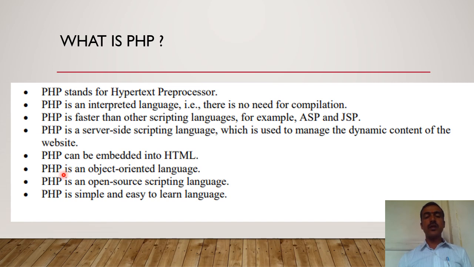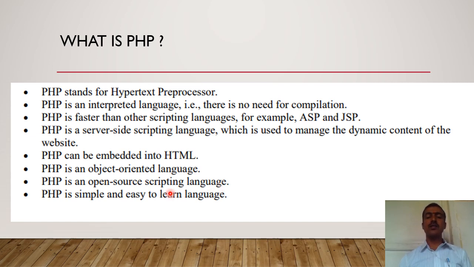Next, PHP is an object-oriented language. As we saw, PHP supports object-oriented features like inheritance, polymorphism, abstraction, and data hiding. Next point, it's an open source scripting language. You can download PHP, run your own code on it, and even develop your own PHP.